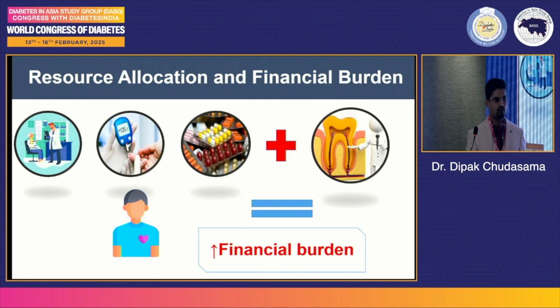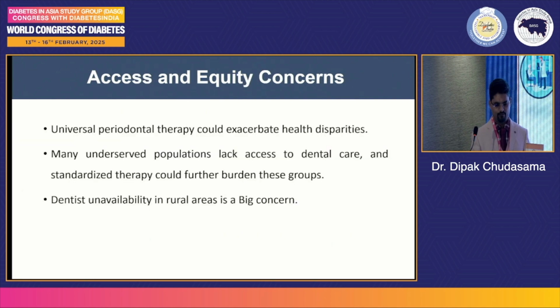The resources are already for the doctor consultation, like a diabetologist, endocrinologist, or even an MD clinician, then for HbA1c, SMBG, fasting and PPBS, RBS, or at least creatinine, then the cost of medications. If I add a dental consultation, the financial burden will be higher. So accessibility and equality are also a concern.